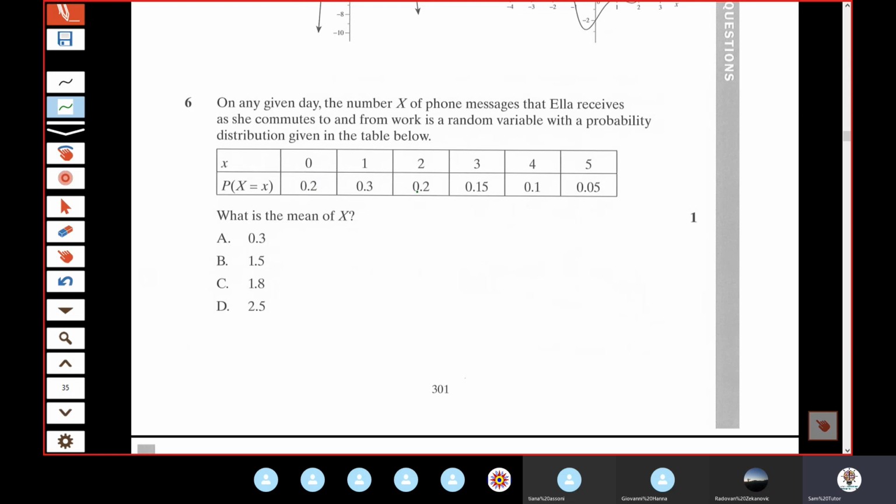That's the bottoms. The bottoms must equal 1. How do we do expected value of x? Isn't it 0 times 0.2 plus 1 times 0.3? It's that one. Okay. This times this plus this times this plus this times this plus this times this plus this. Go do it. Give me an answer, please.